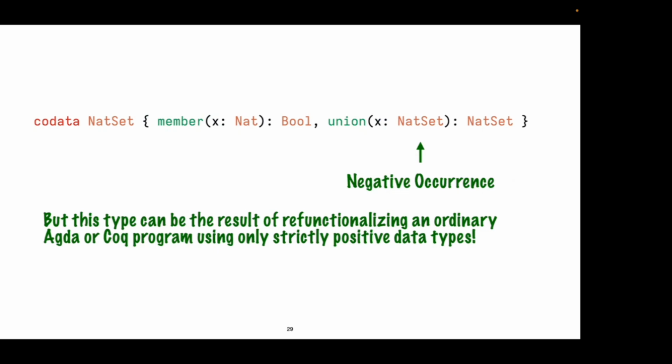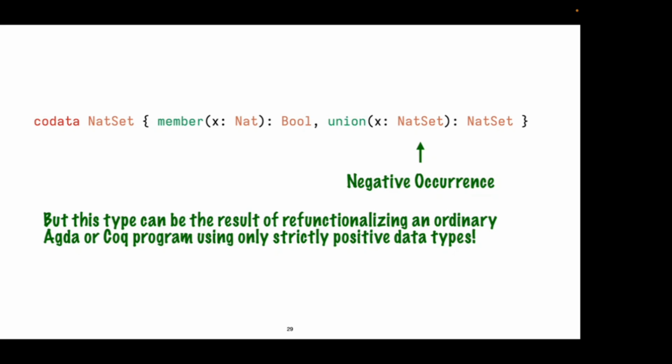But this type can be the result of refunctionalizing an ordinary Agda or Coq program using only strictly positive data types. We could, for example, implement sets of natural numbers as binary trees, implement the member and union operation by induction on the tree constructors.